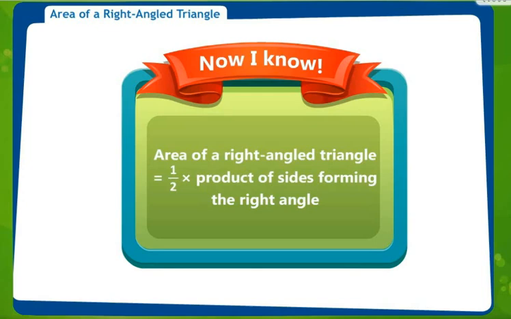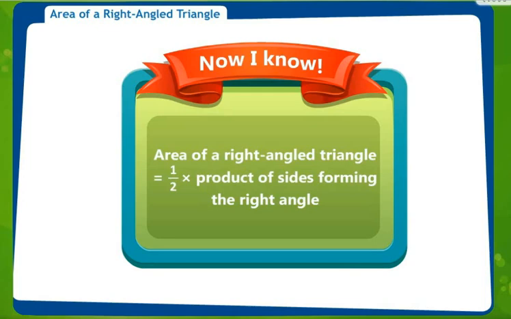A right angle triangle is a triangular figure whose one angle is compulsorily 90 degrees, and the side opposite to the 90 degree angle is called the hypotenuse, and the remaining two sides are the sides which form a right angle.